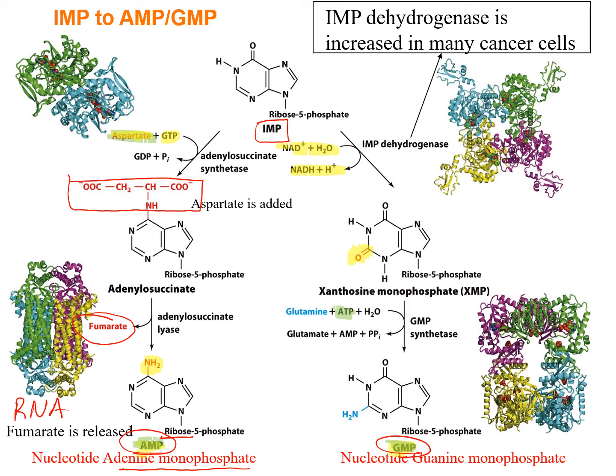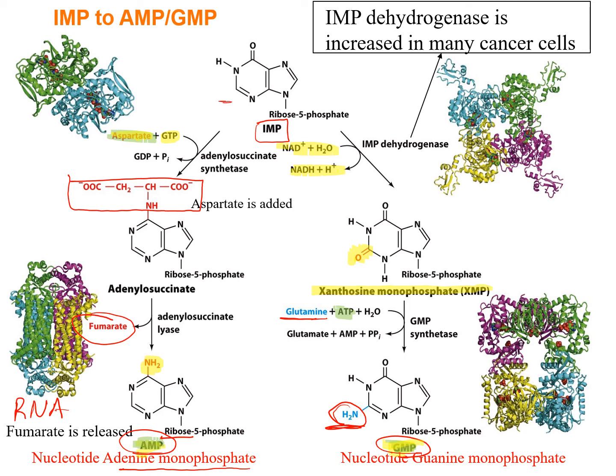And then finally, to go from xanthosine monophosphate, XMP, to our final purine, GMP, we have to donate an amino group. The amino acid that donates that amino group is glutamine. So here we have that NH2 group. The difference between GMP and IMP is that NH2 group attached to this carbon right here.